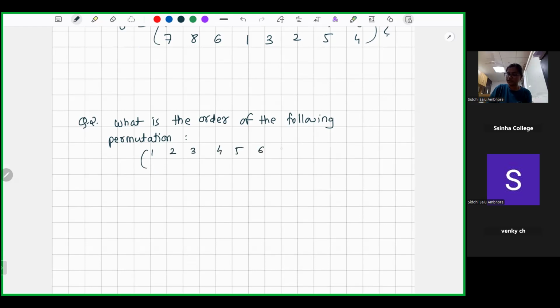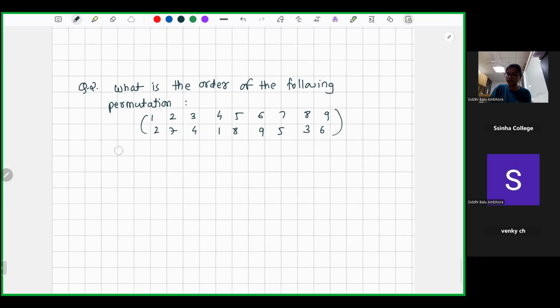Okay, this is in S9. And the options are 7, 14, 6, and 12.